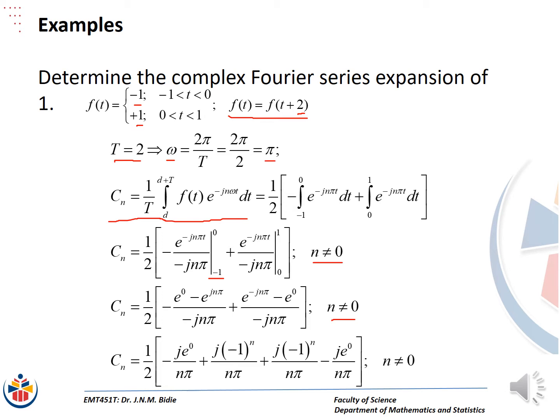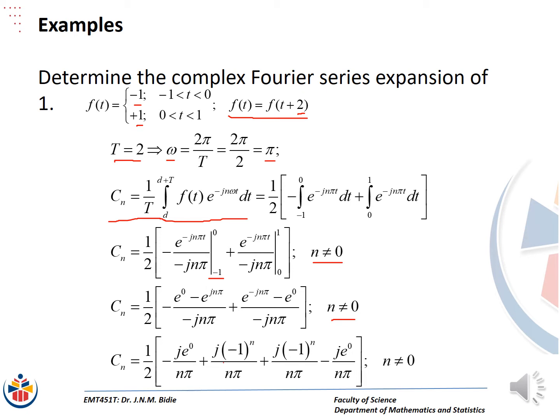When n is 1, you'll have cos π plus j sin π, and sin π is 0 and cos π is negative 1. So we have 1, negative 1, 1, negative 1 as our answers for both e to the power jnπ and e to the power negative jnπ.